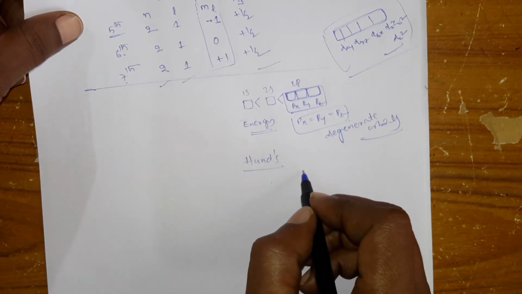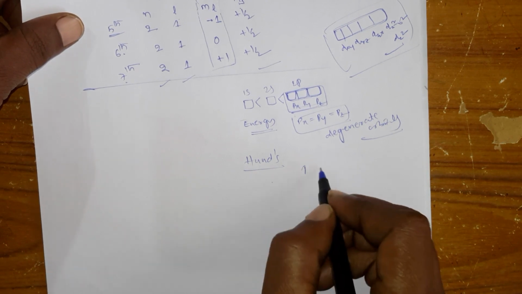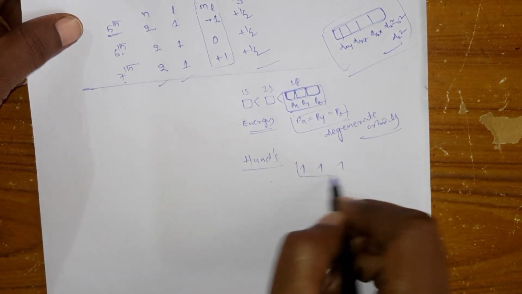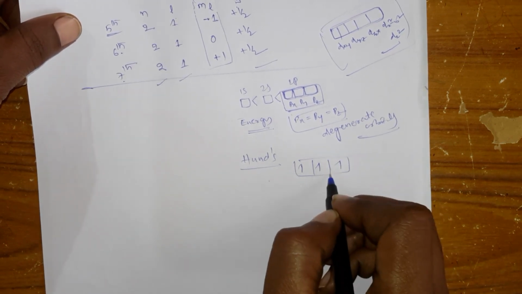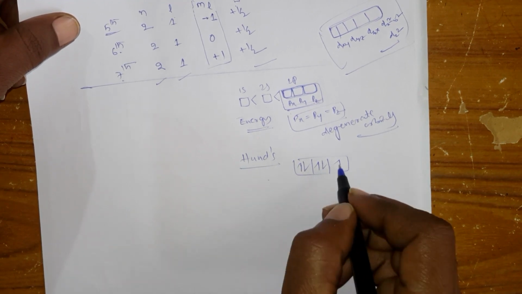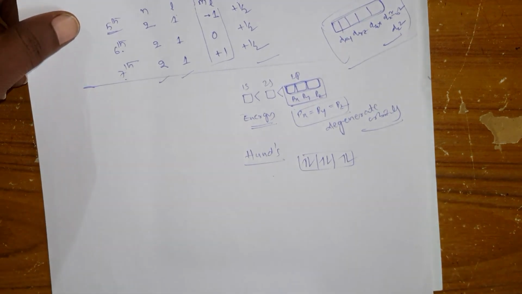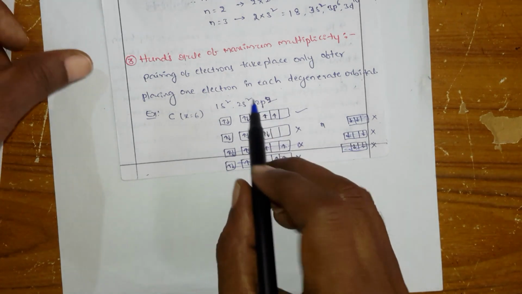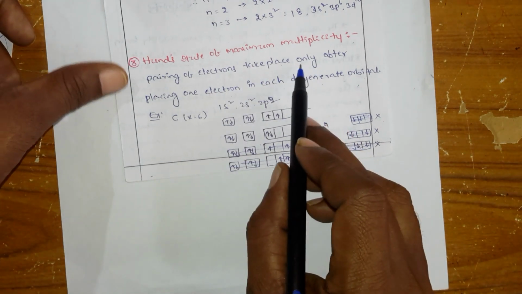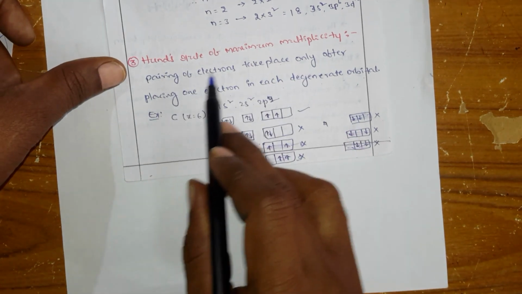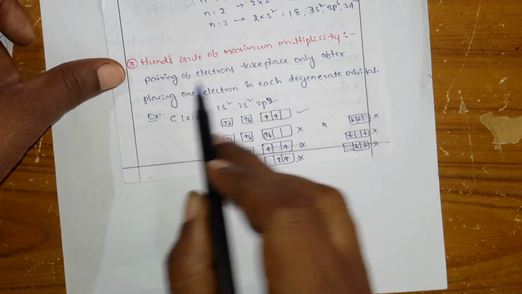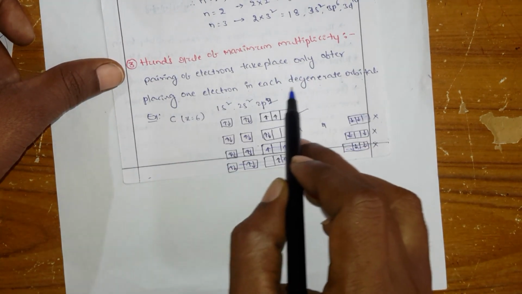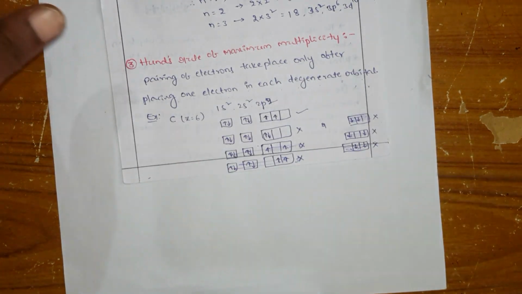You have to fill the electrons first one by one. Then after that you have to start the pairing. You have to fill only one electron first. Pairing of electrons takes place only after placing one electron in each degenerate orbital.